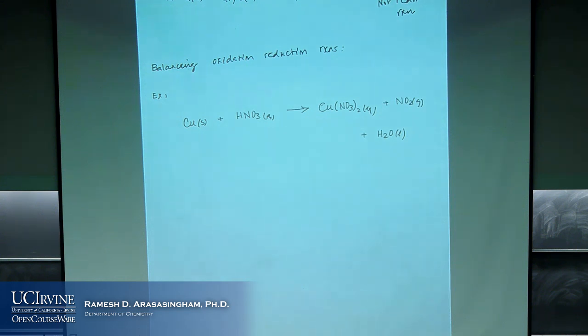Now it turns out that up to this point, if you want to balance a chemical equation, you've only looked at trying to balance atoms, and you're pretty well versed at balancing equations. But it turns out that there is a class of oxidation-reduction reactions that are virtually impossible to balance. And this is one such example.